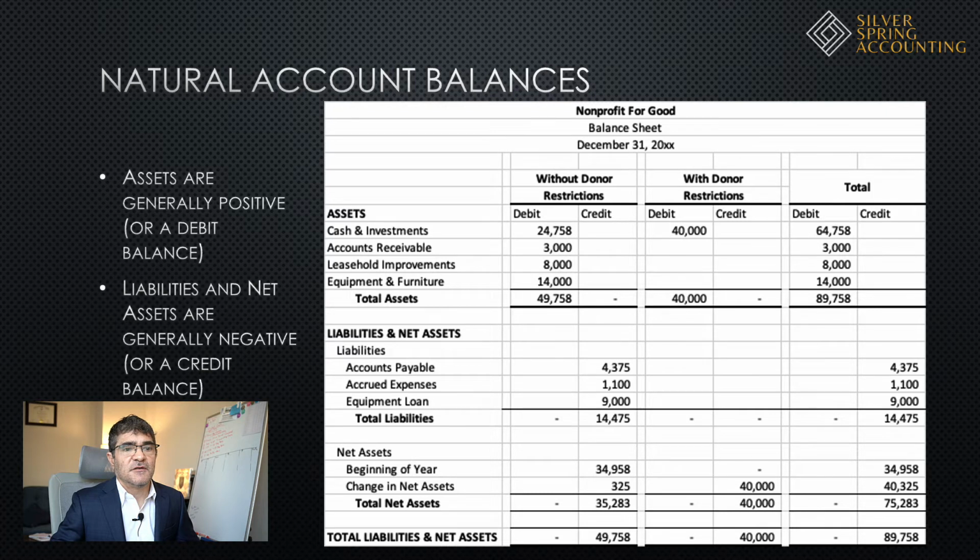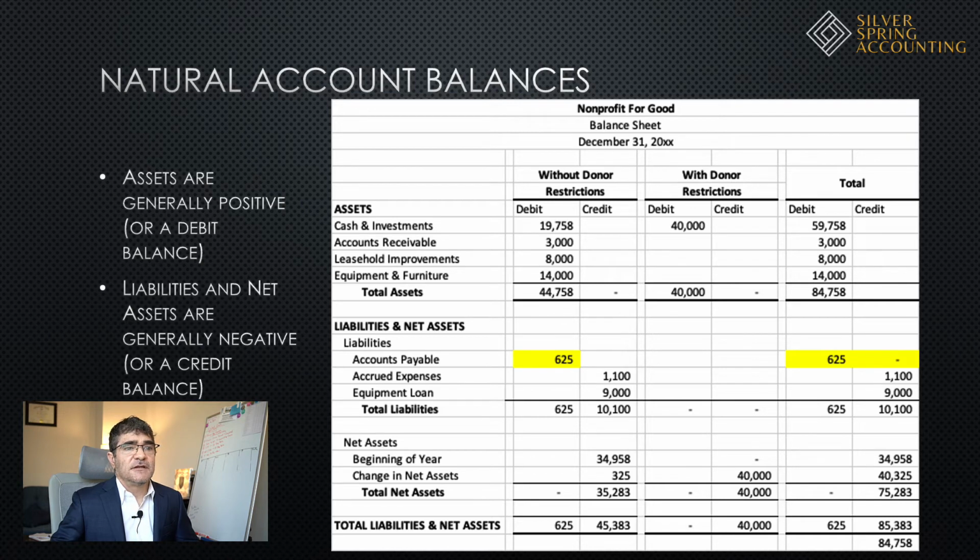And it makes it just a little bit easier to see that everything cancels each other out. Everything is in the correct column. And if you're really having a hard time understanding the financial statements and analyzing them, I recommend you do something like this just to start to get a handle on it.